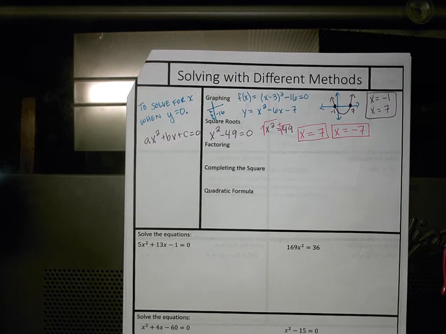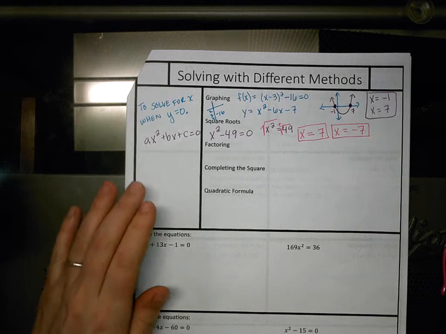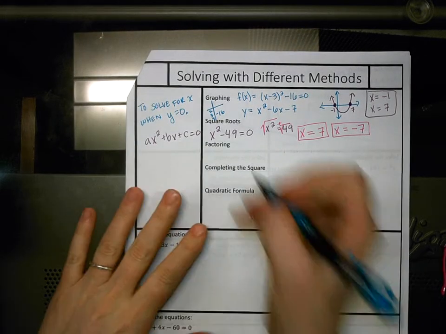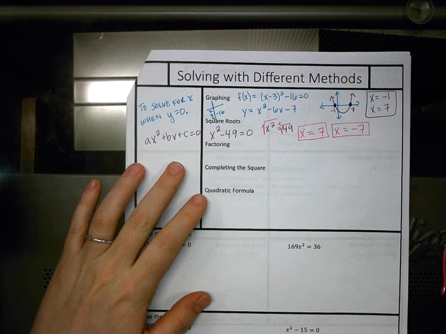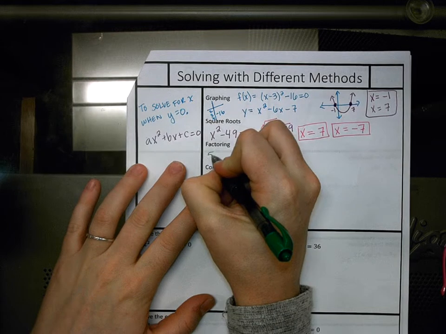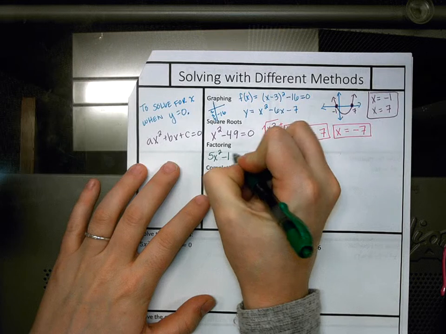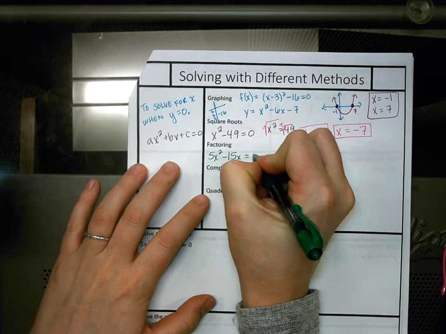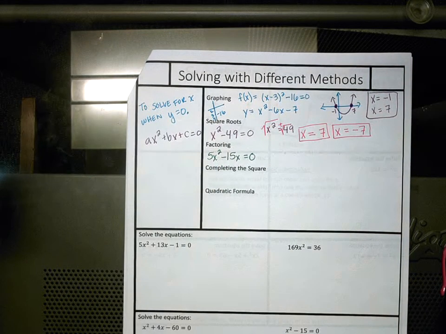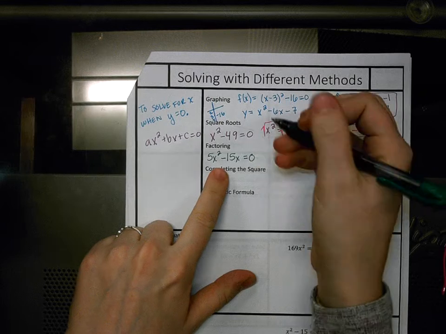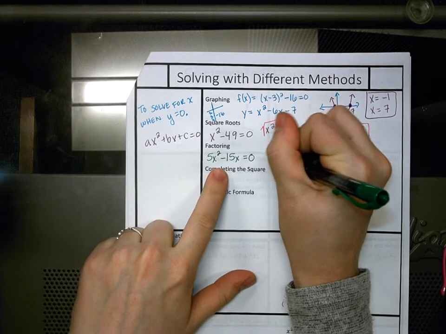For factoring, here's an example: 5x squared minus 15x equals 0. I know that this problem is a good one to factor because my greatest common factor is in both of these terms, which would be 5x.